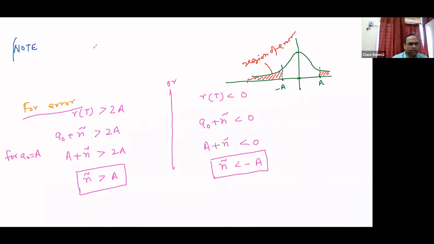The note is that Q of x, that is the Q function, can be written as the probability that a standard Gaussian signal is greater than or equal to x.